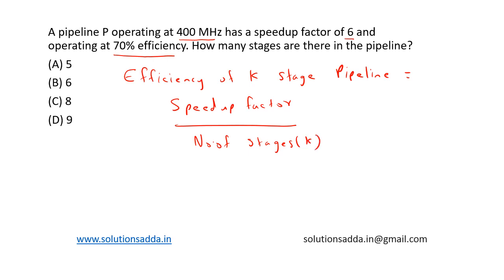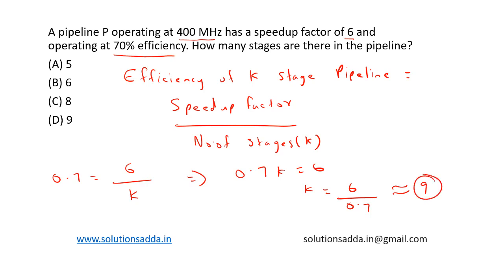Here efficiency is given as 0.7. This is equal to speed up factor 6 divided by number of stages k. So 0.7 k is equal to 6. We'll get k equal to 6 by 0.7, which is approximately equal to 9. So number of stages is 9. Option D is the right choice.